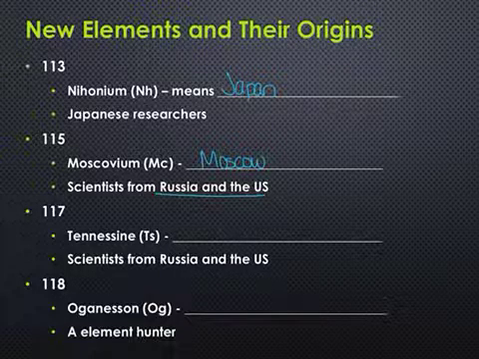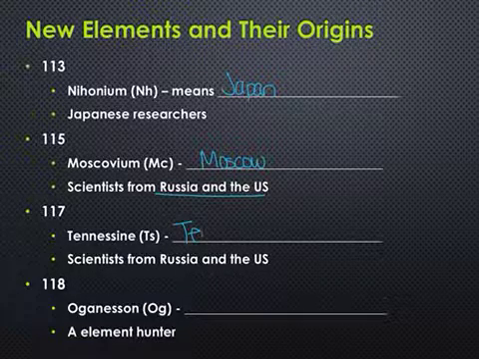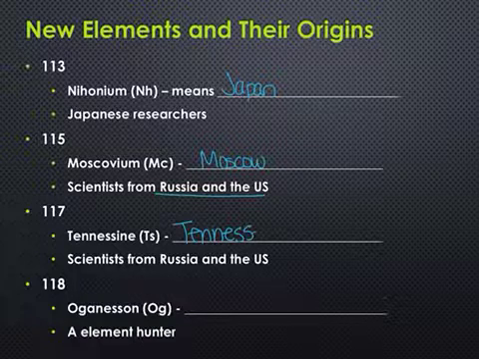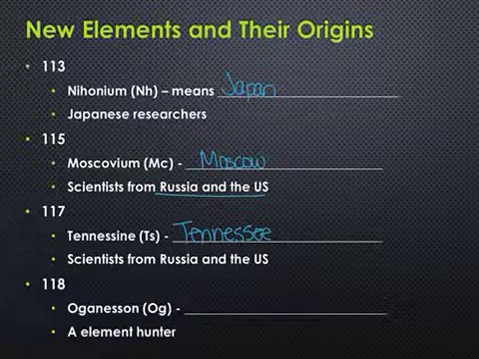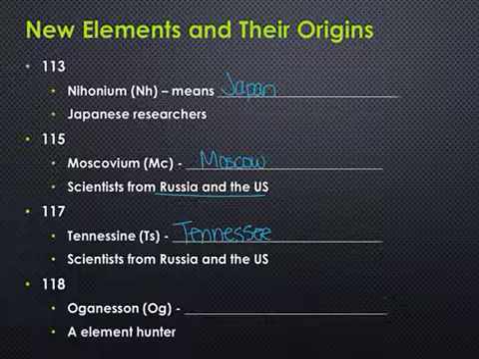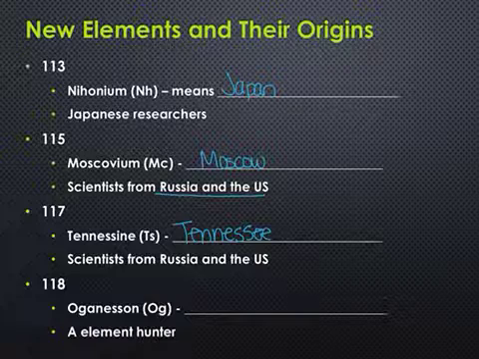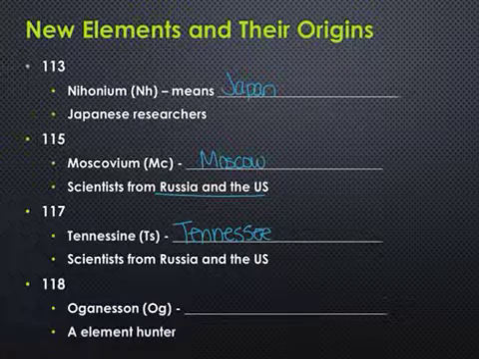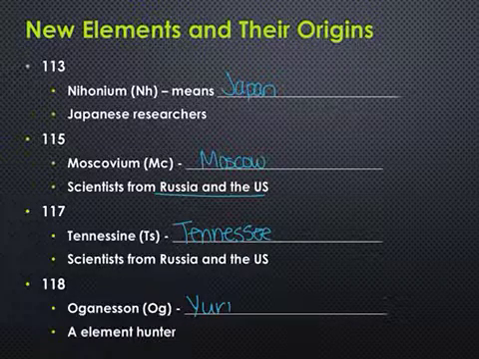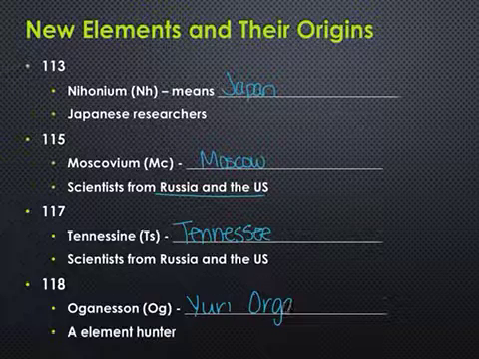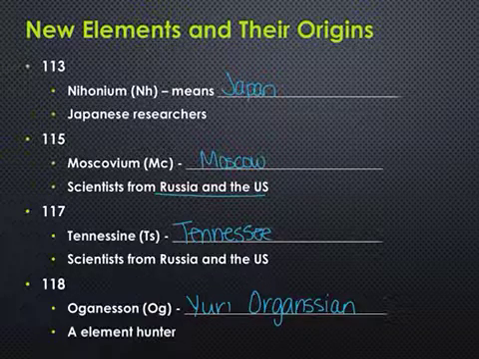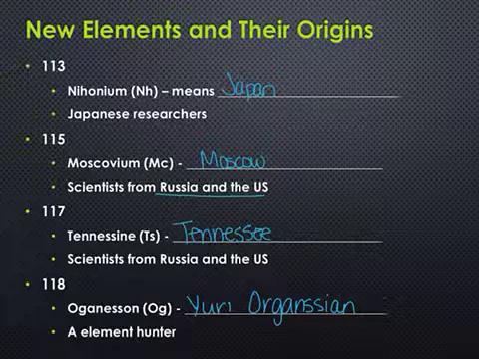Tennessine is based on Tennessee. Again, scientists from Russia and the U.S. were involved with that one. And then Oganesson is from Yuri Oganessian. And he is apparently a famous element hunter.